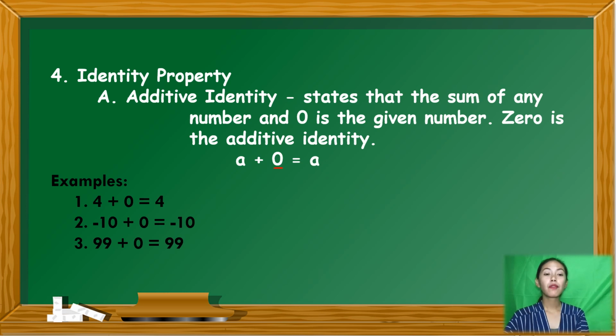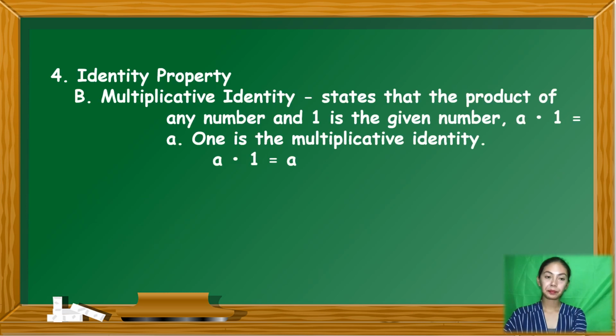Example, 4 plus 0 is always 4. Next, negative 10 plus 0 is equal to negative 10, and 99 plus 0 is equal to 99. Next, the multiplicative identity. It states that the product of any number and 1 is the given number.